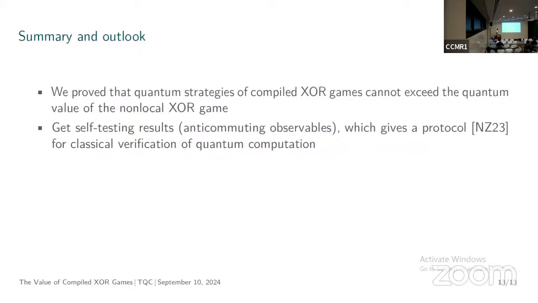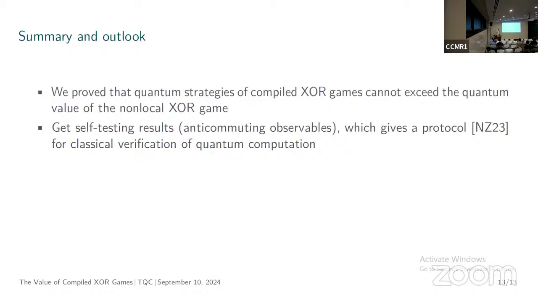Okay, very good. Maybe I'll give some summary and some outlook. So what did we do? We started with non-local games. We have this compilation procedure, and then we can show that for XOR games, basically everything is preserved. We know from before that classical strategies cannot do better than the classical strategies of the non-local game.